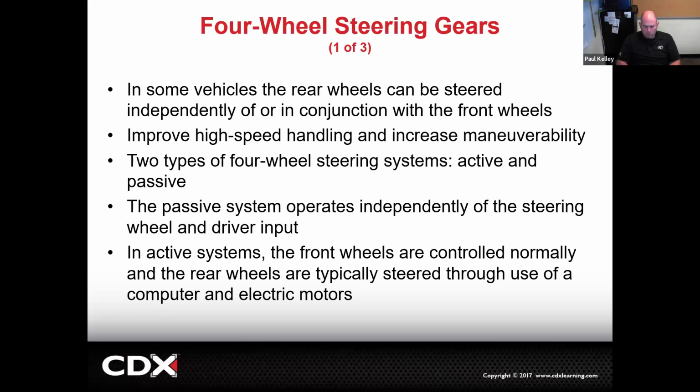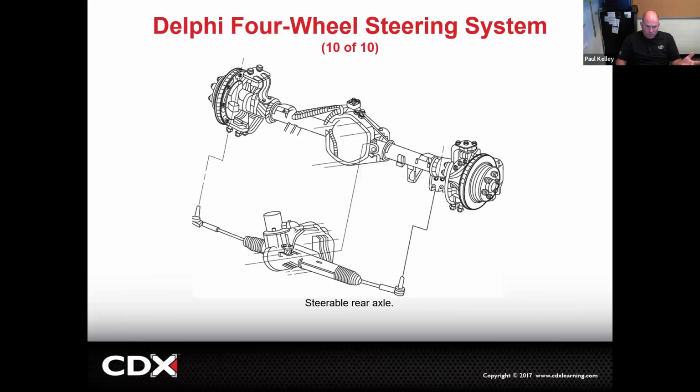An active system is when we're actually actively steering the rear wheels. So there's been a few of those systems in the past. We do it kind of in a weird way. Let's say, for example, this one. This was made by Delphi. Here we've got a rear axle. We're literally bolting a rack onto it, and the rack has tie rod ends, and the rear end has actual knuckles.